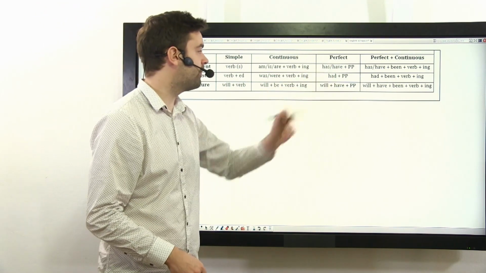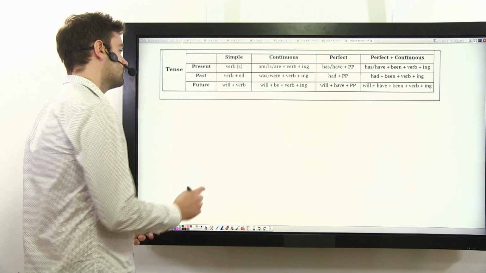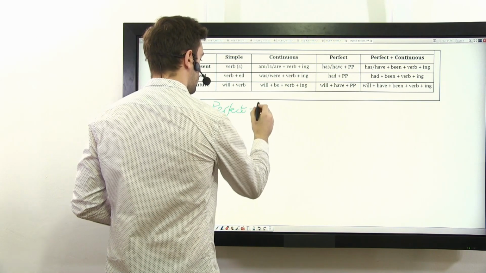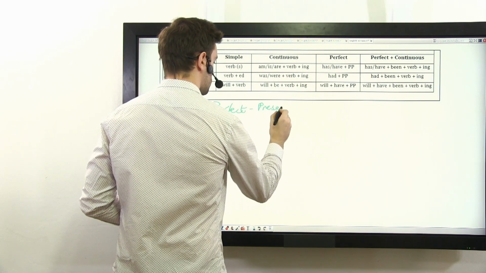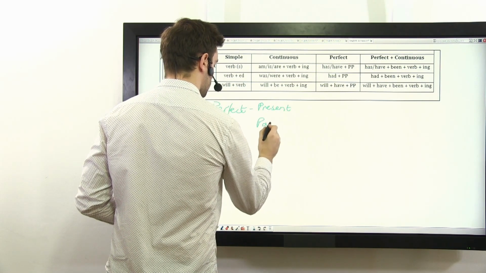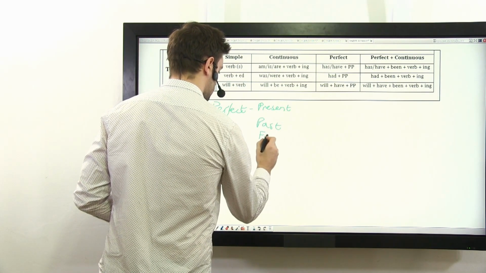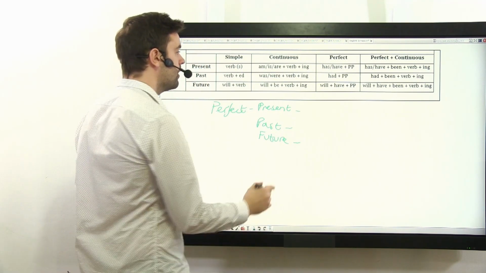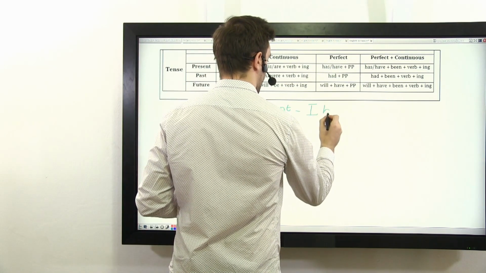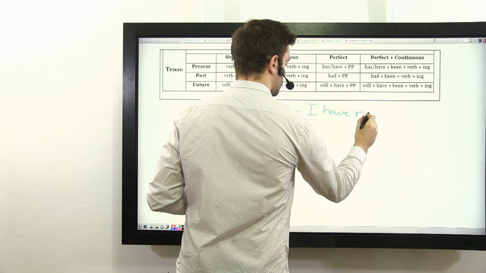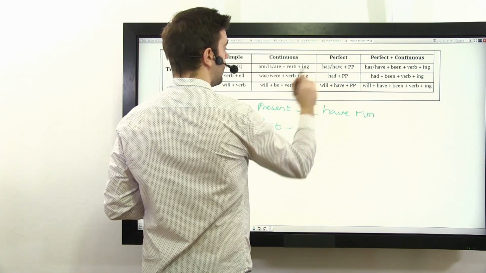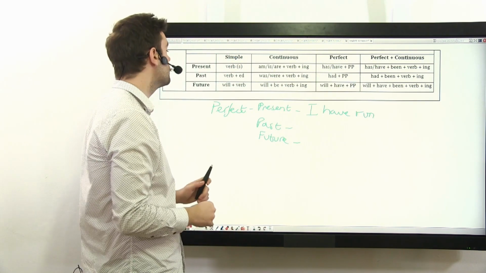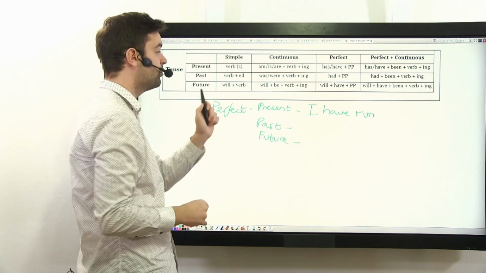So now let's look at the perfect tense. We've got the present, the past, and the future. The present perfect: I have run. Remember, we use the past participle. The past participle of run is run.